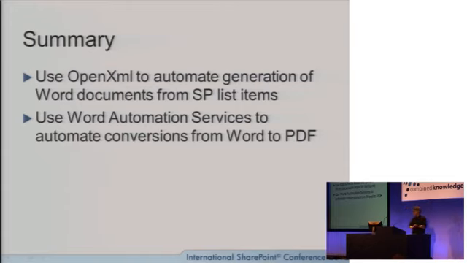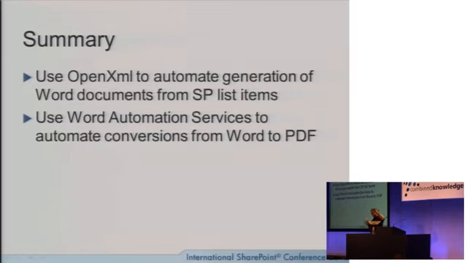The alternative is a workflow. You could automatically or manually kick off a workflow to create a PDF. I've used that in a number of records management scenarios where what you need to do is mark that document as a finalized version, and then generate a certificate of destruction when it gets to the end of life.